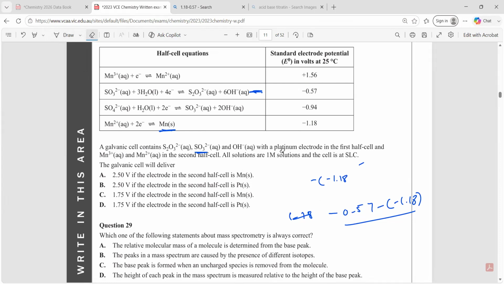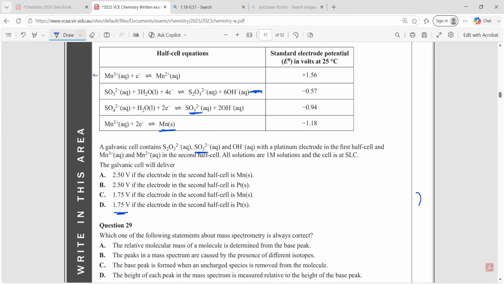So the first, okay, so we've got this. Oh, wait, what if it's this as well? No, but that wouldn't be its strongest. Okay, with 1.75. Okay, let's go through these step by step. So the second half cell is just that. Then this reaction would go ahead.